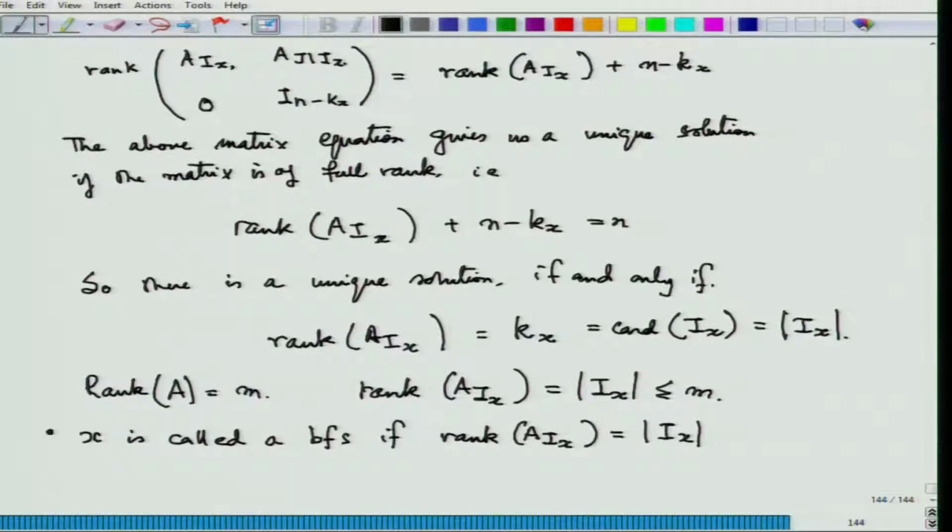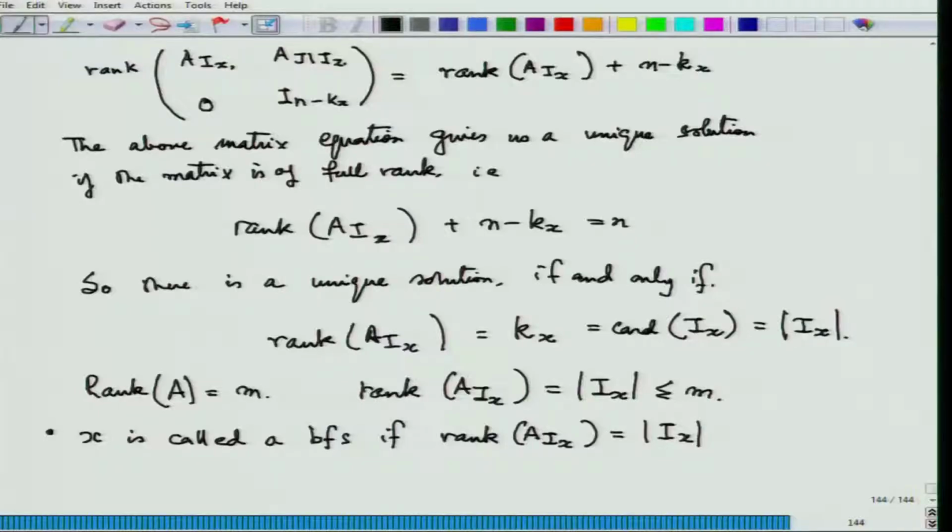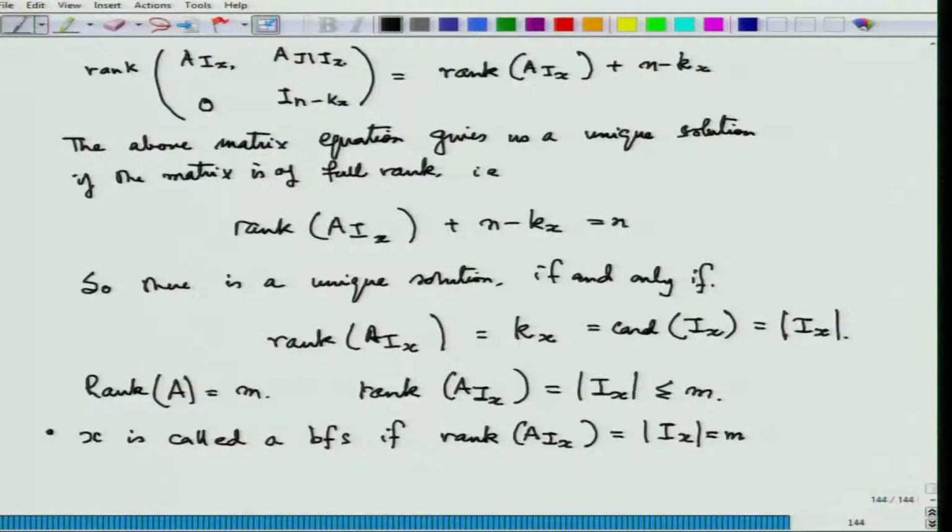So, m should be here, it is full rank. So, rank of A_Ix should be equal to Ix. So, that is what we will call a BFS, in the sense that if this rank of A_Ix is full rank and the number of columns in this is also m, this is exactly your B. We have seen that B and N separation in the earlier lectures; that is exactly this story, that B story is written like this.